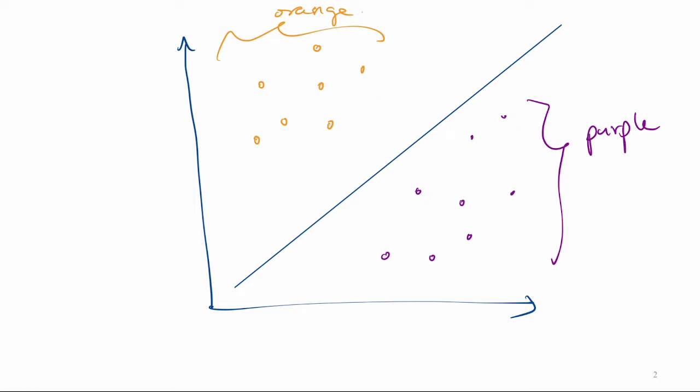What happens if this is not linearly separable? Let's say I have something like this. I'll take the same colors. Bear with me while I draw this.